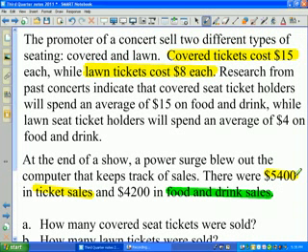The next part is dealing with the food and drink. Again, the covered seat ticket holders had an average of $15 on the food and drink, while the lawn seat ticket holders spent an average of $4 on food and drink. And the total amount that they got before the power surge was $4,200.